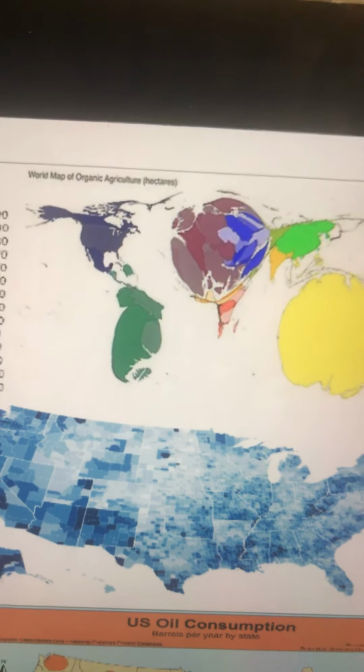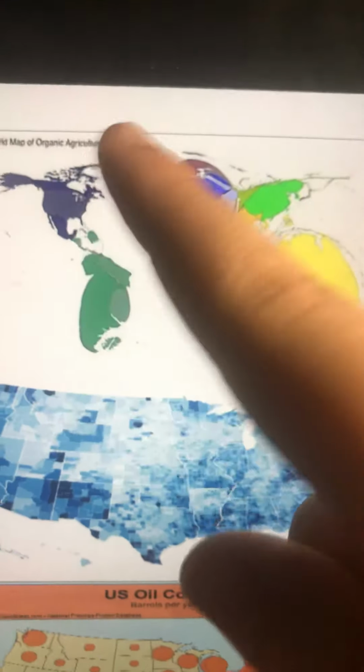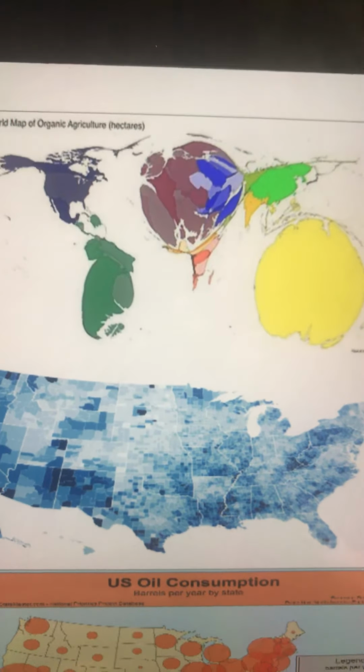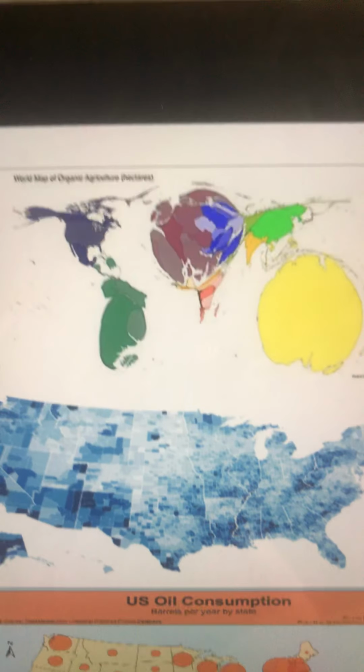There is way more organic agriculture down here than in America. So it uses distortion to tell you. Maps can be used for many different things: temperature, how much crop is grown, or just density. There are many different ways to use a map, so maps can be very useful.